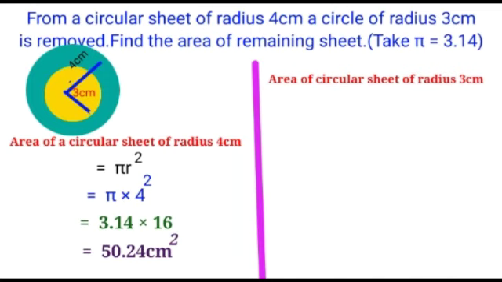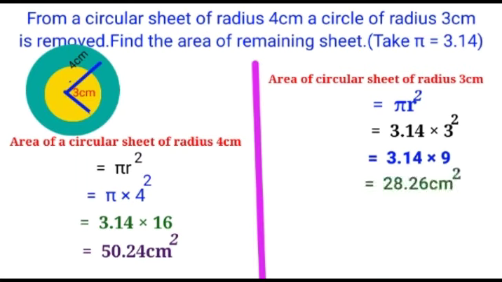Next we are going to find out the area of circular sheet of radius 3 centimeter. That is also equal to pi r square is equal to 3.14 into 3 square. Here radius equal to 3 centimeter. That is equal to 3.14 into 9, which is equal to 28.26 centimeter square.